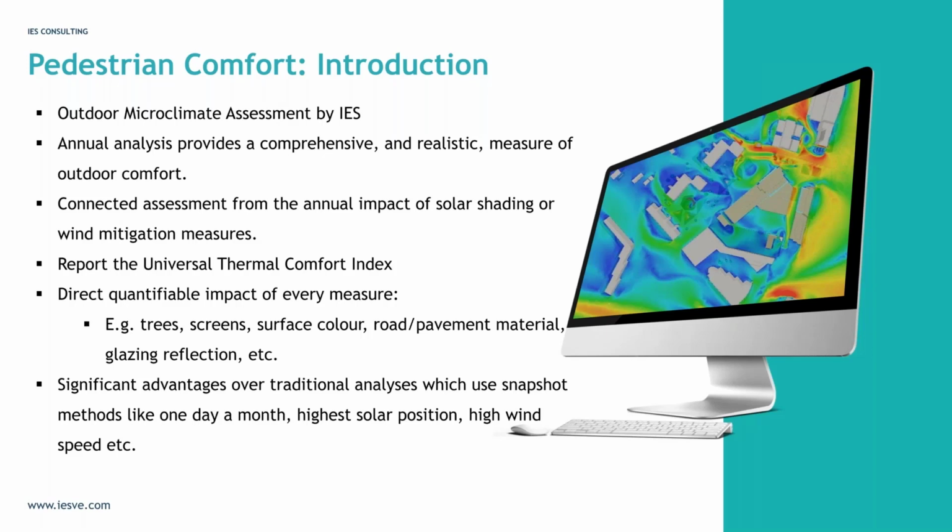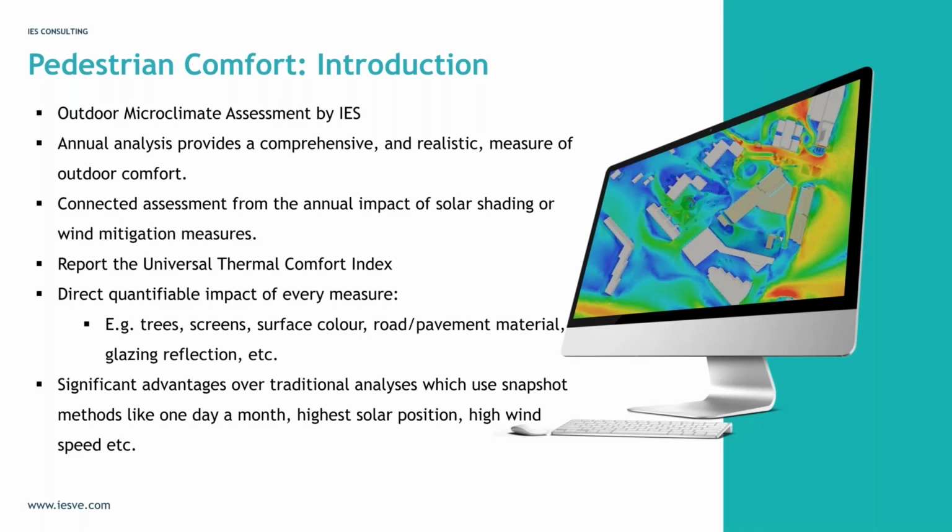It is an encompassing analysis that covers all aspects of outdoor comfort, like wind and sunlight together, to give an assessment that is more robust in helping you design the outdoor spaces much better. Like I said, it has two components to it.